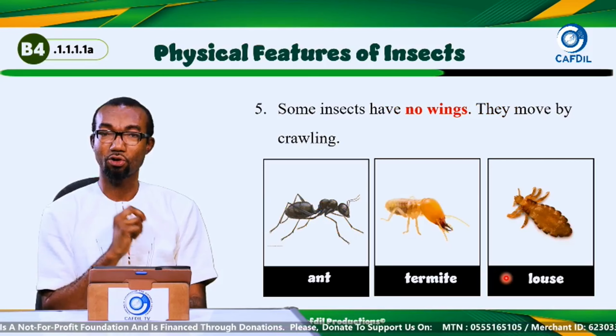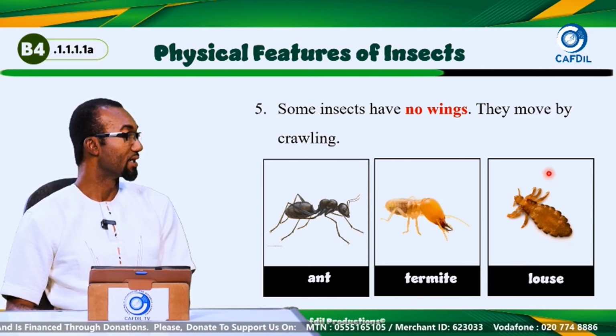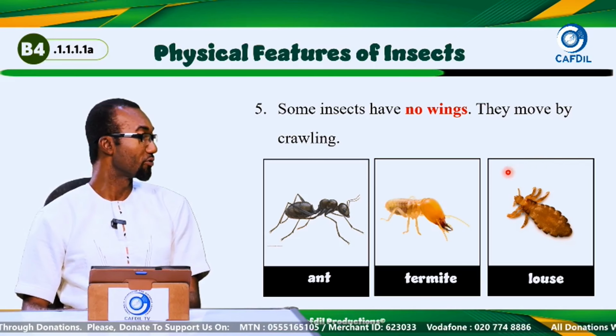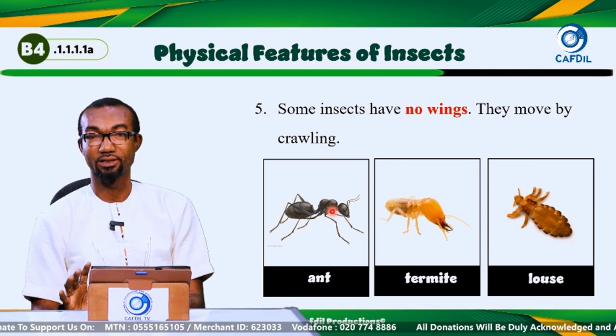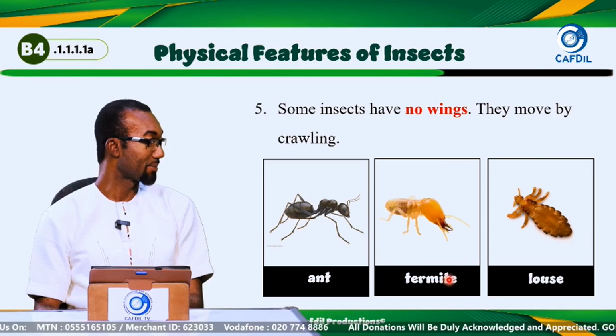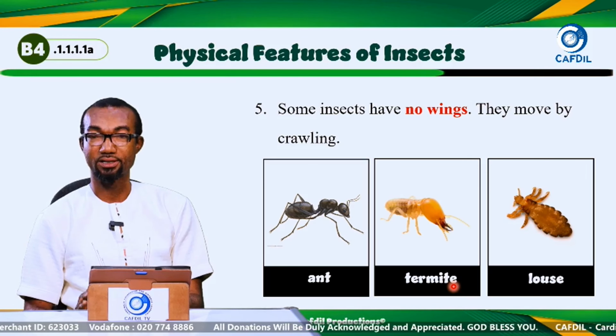Okay, it's not all of them have wings. Some insects have no wings. They move by crawling. So if you look at the ant has no wings. They crawl. If you look at some termites too have no wings. They crawl.